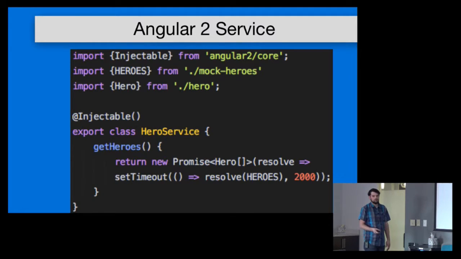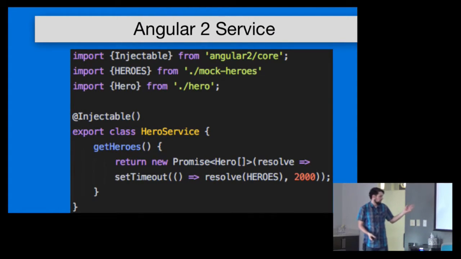In Angular 2, it's a little different. For injection, we have to actually just import it like you would see in other types of languages. And then we're creating a class. Here it's called Injectable instead of a service or a factory.